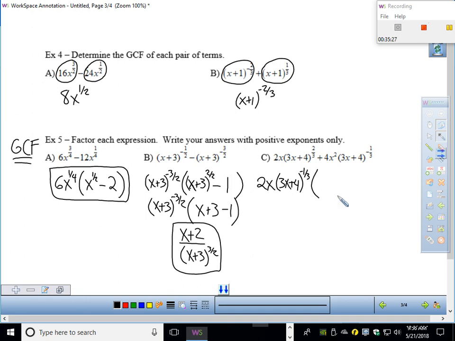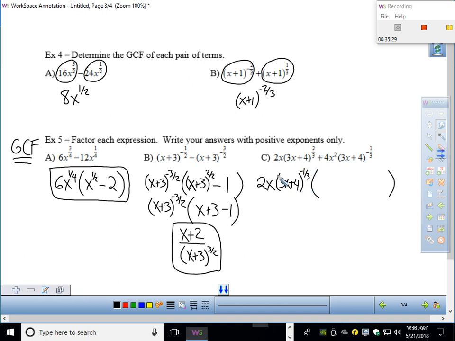Awesome. So that is our GCF. Now, I make my parentheses, and I'm going to see what the heck is left inside. So I hope you don't mind me doing that some or all trick as I go left to right. I think it works really nicely. Did I take some or all of the 2? I took it all out. Did I take some or all of the x? I took all of it out. Did I take some or all of the 3x plus 4 to the 2/3?